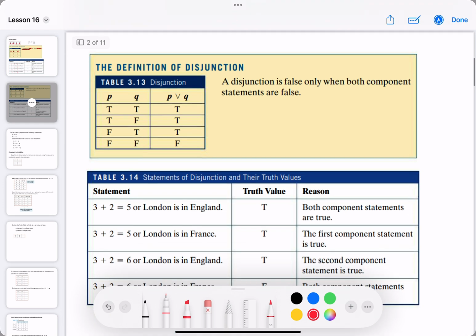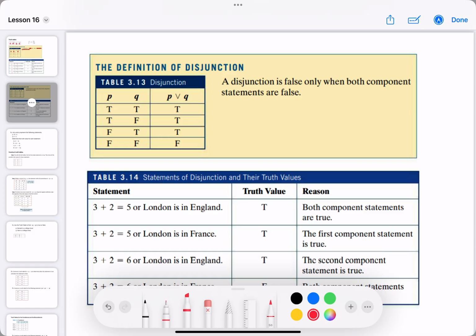Okay, let's see the definition of conjunction. For the conjunction table, P and Q, we have all of the combinations between P and Q. When P is true, Q may be true or false. When P is false, Q may be true or false. So all of the combinations between these two statements.